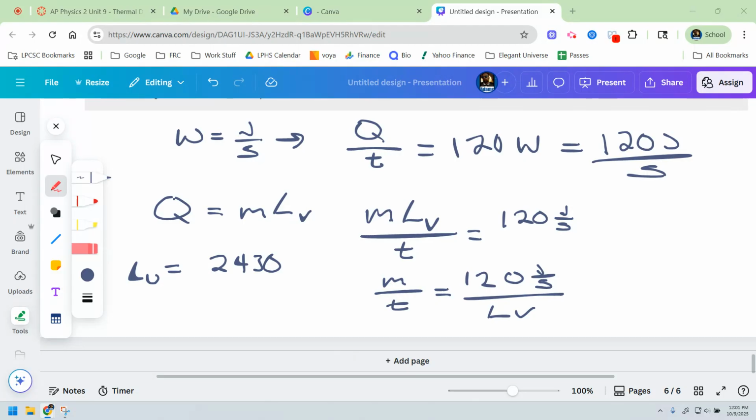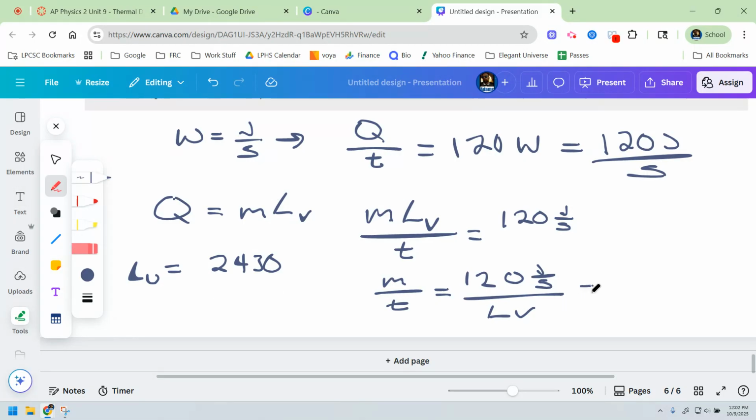Water is 2256. I don't see sodium. I bet they just added water and sodium or something, because water is 2256. Okay, so anyways, that's what we're going for.